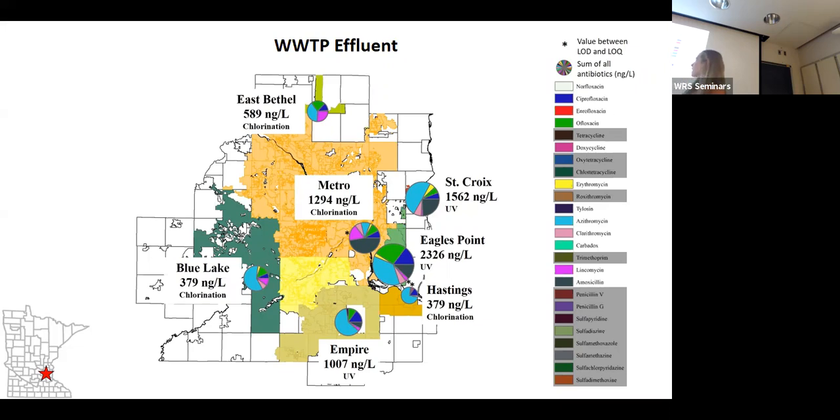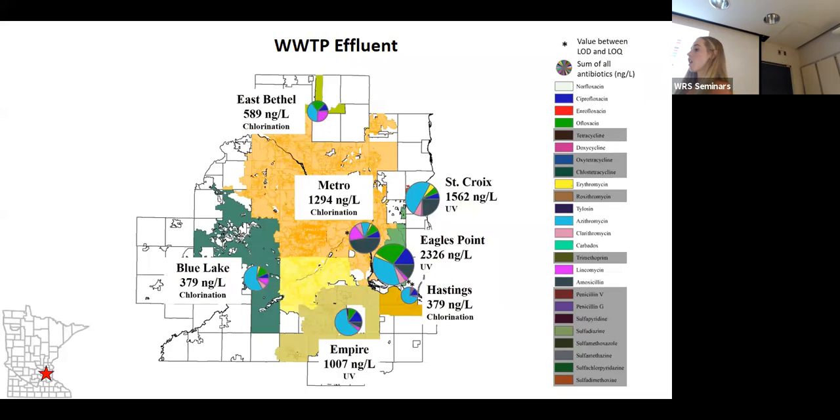One exception here is this Metro one, which has a little higher total sum than some of the other ones, but that also could be due to the fact that it's such a larger sewer shed that it has a more steady stream of these antibiotics and it's not as susceptible to variation as some of these other ones.